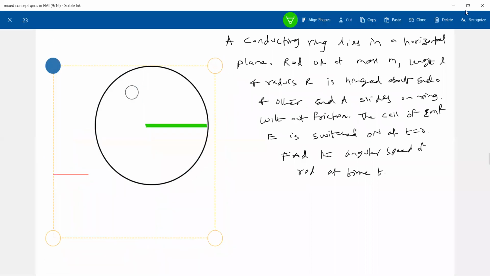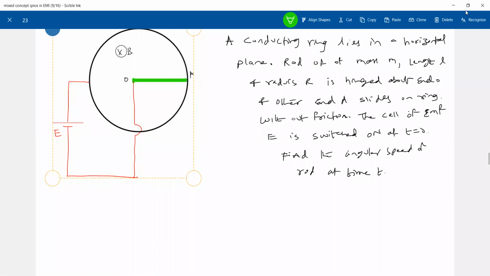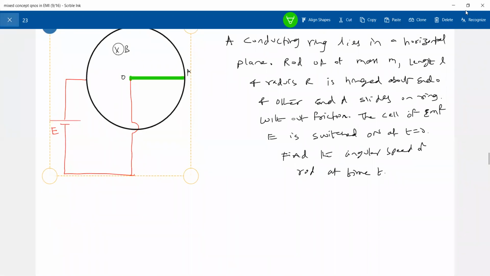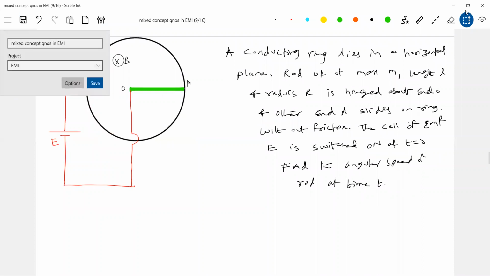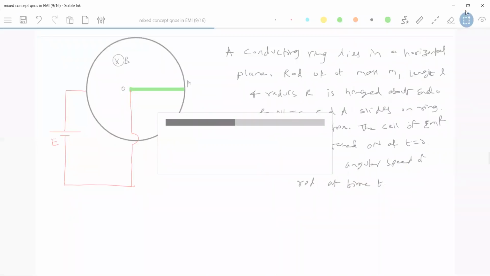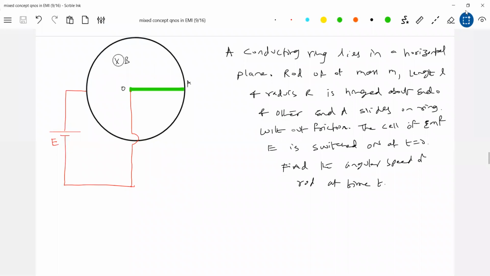You should replace it with a cell, no? So that's one basic methodology we adopted earlier, in previous classes. At t equals 0, the EMF of the cell is switched on. Then it's asking: find the angular speed of the rod at any time t.